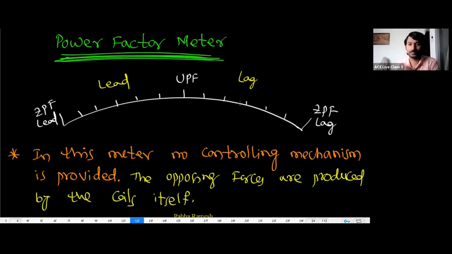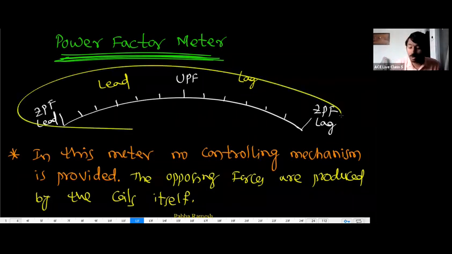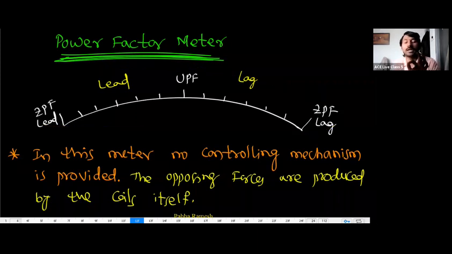Generally, the option given is the power factor meter only. In this meter, no controlling, and I'm repeating, what do you mean by that? Restoring, meaning the pointer moving back to zero position, is not to be there. That's why the spring mechanism is not used. Controlling mechanism not used means spring is not placed.